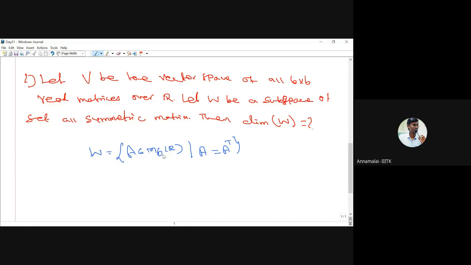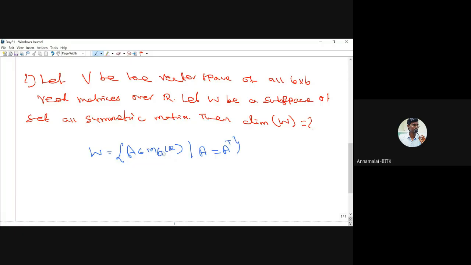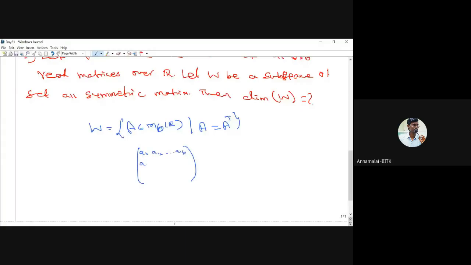If you take a 6 by 6 matrix, there are 36 unknowns: A11, A12, etc., A16, and A21, A22, etc., A26, and then the last row A61, A62, etc., A66. Therefore 6 rows, 6 columns, totally 36 unknowns. Using this condition, we have to remove some unknowns.